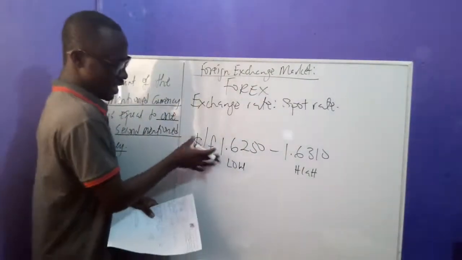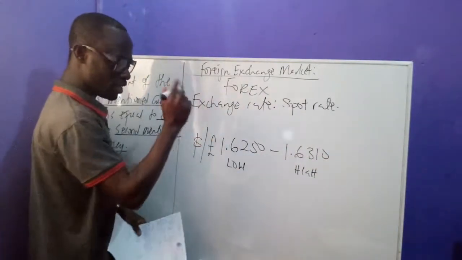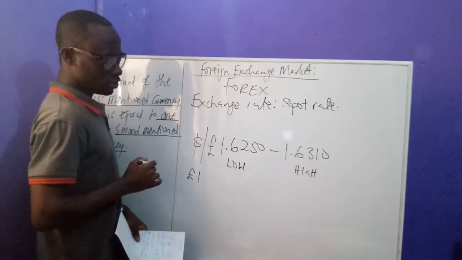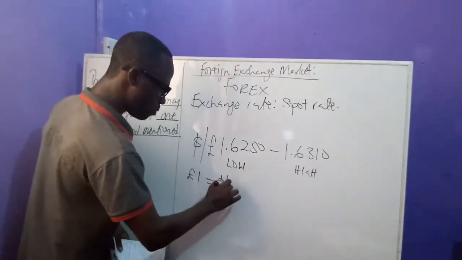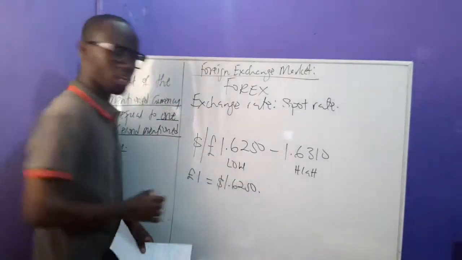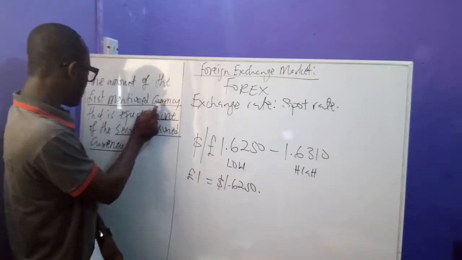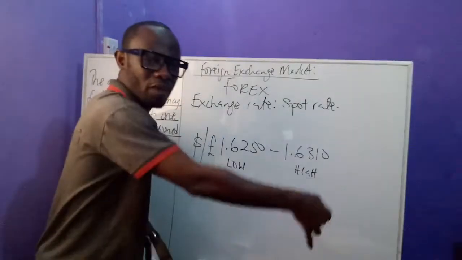It means if we have this exchange rate and we are at the low point, it means 1 pound is going to be equal to $1.6250. So it is the first mentioned currency that is equal to one of the second mentioned currency.